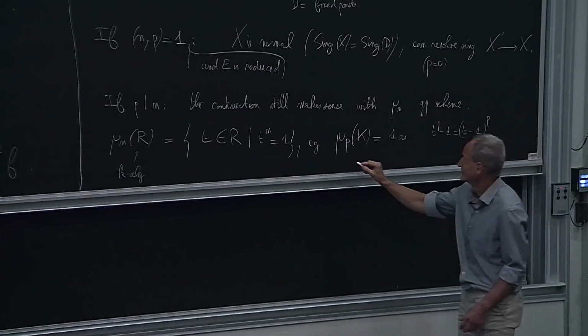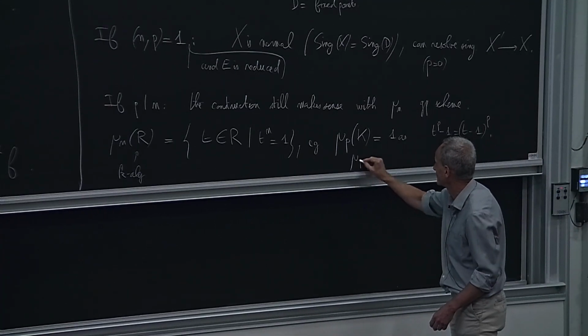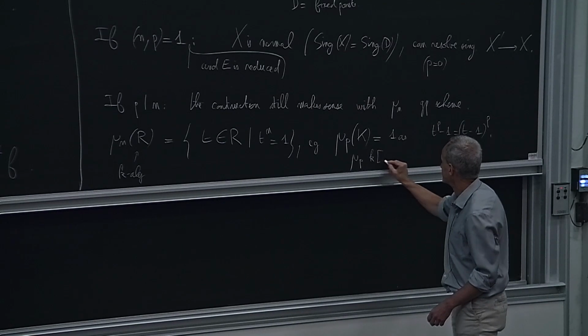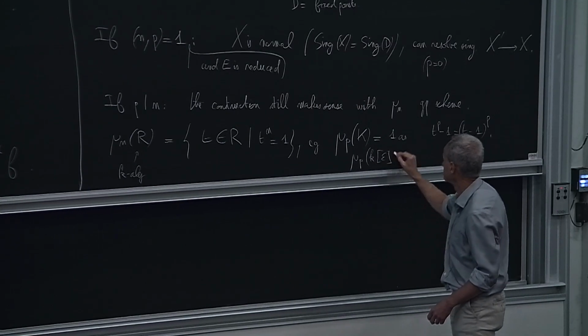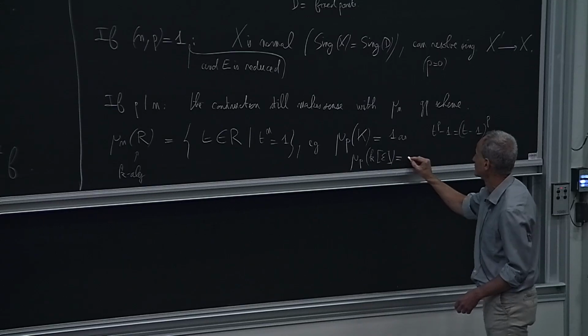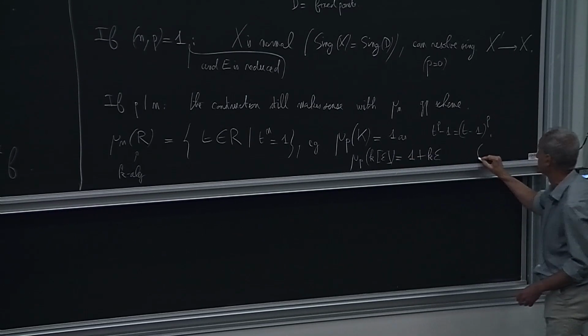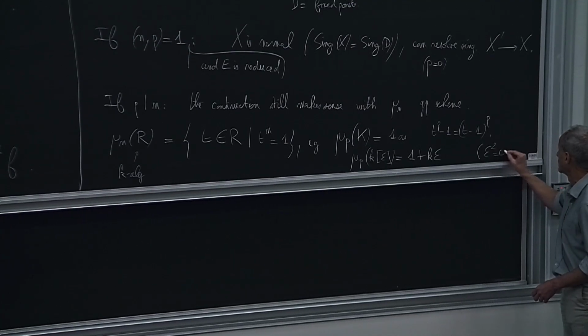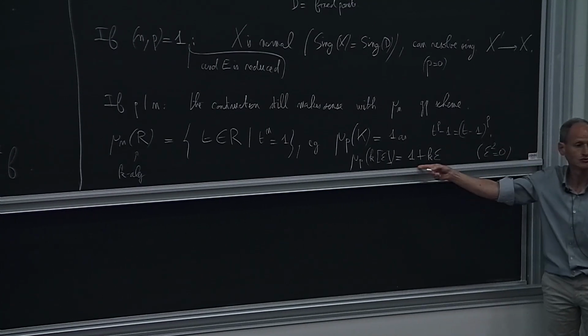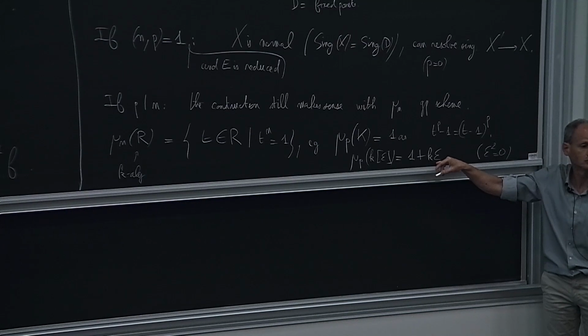And if you look at mu p of the ring of dual numbers, you get something really large, which is 1 plus k epsilon. Because if you raise this to the 5th power, this coefficient disappears.